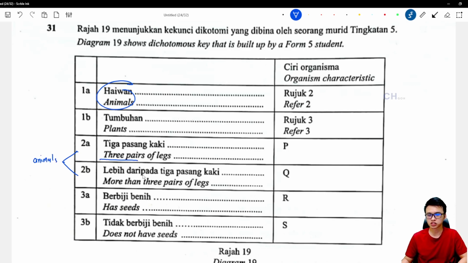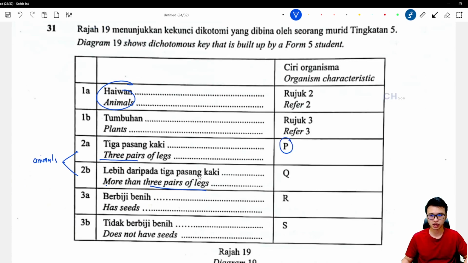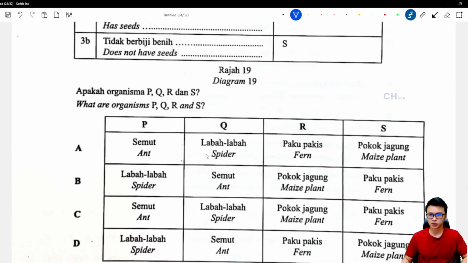But animals with 3 pairs of legs is P, and more than 3 pairs of legs is Q. So P is an insect. Spider is not insect. So Q must be the spider because Q has more than 6 legs.